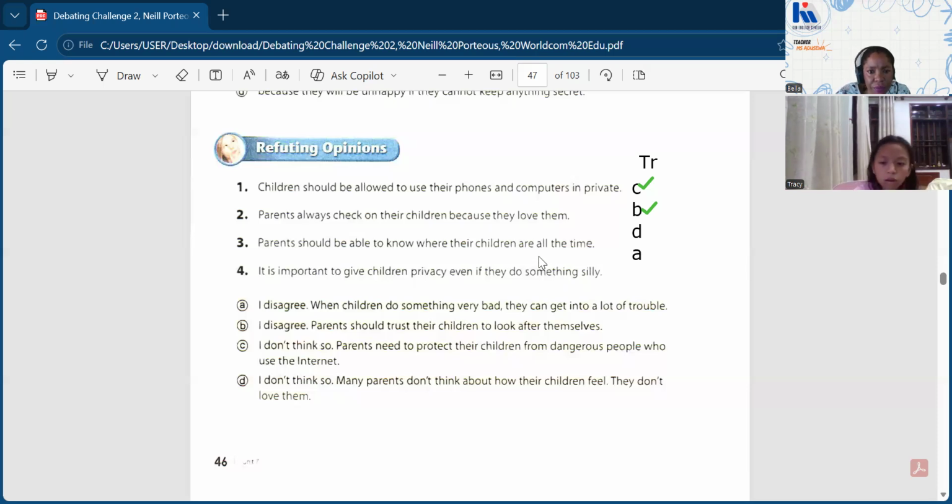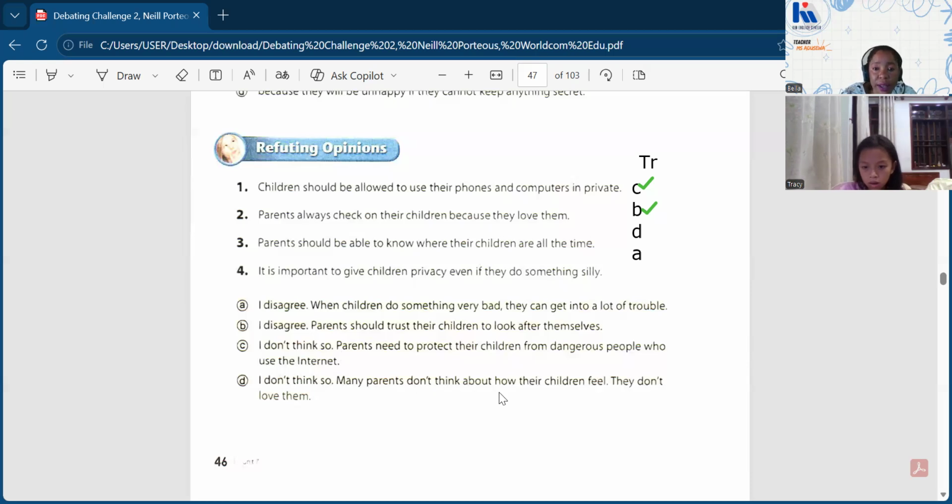Hold on, Tracy. Okay, so Tracy, so number three says parents should be able to know where their children are all the time, and you chose D. I don't think so.